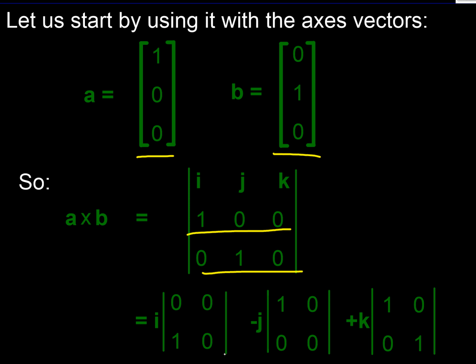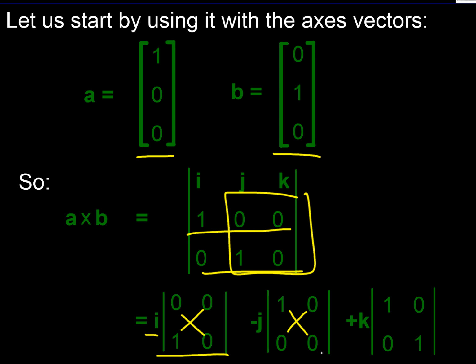So the first one, this minor there, we're going to get I multiplied by that determinant, which is 0 times 0, take away 0 times 1, so that determinant is actually 0, isn't it? And if we look at the next component here, the determinant is 1 times 0, take away 0 times 0.